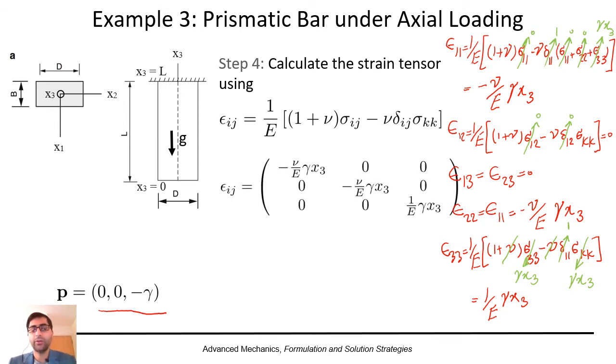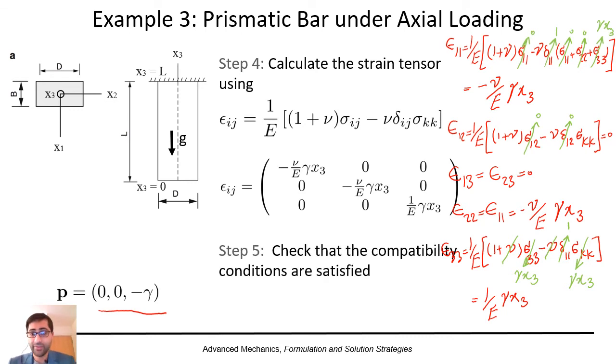The epsilon becomes a diagonal matrix with off-diagonal elements being 0, and epsilon 1,1 and epsilon 2,2 related by Poisson's ratio to epsilon 3,3.